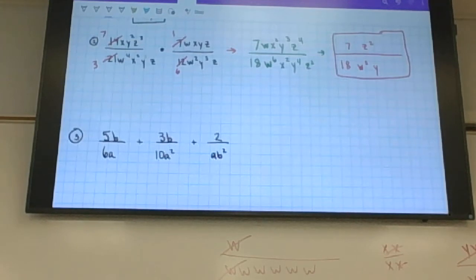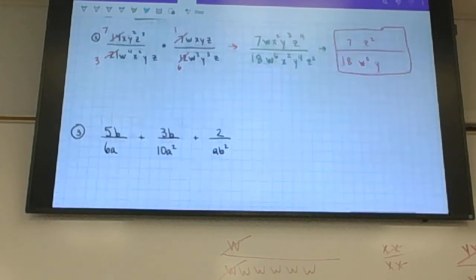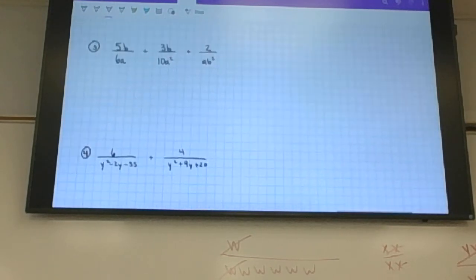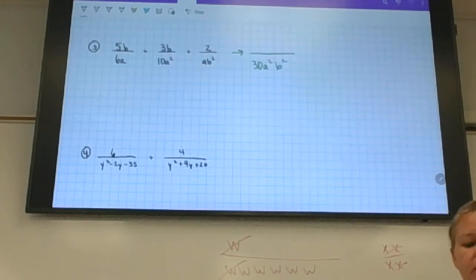So we're switching from multiplying and dividing to adding. Adding requires a common denominator. So you need to figure out the least common multiple, a high number that everything can divide into. Who picked the right LCM?